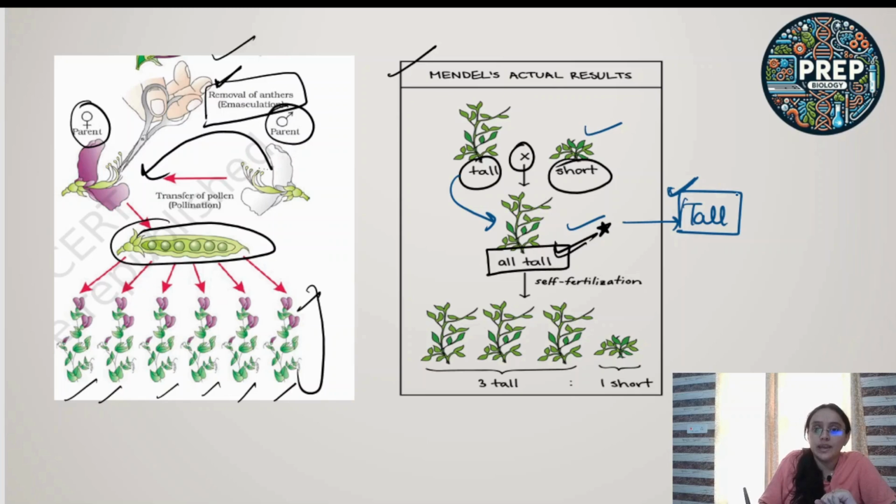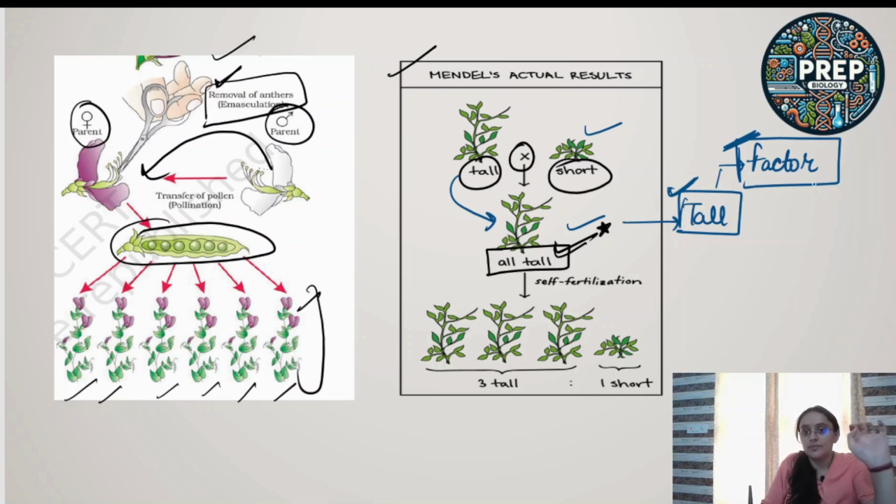So here he found that something was transferred from the parents to the offspring. He named that thing a factor. He also found that if we mix tall and short, some medium plants might be expected in the next generation.